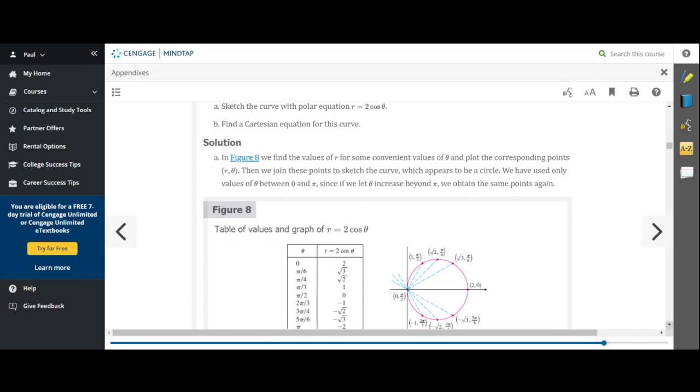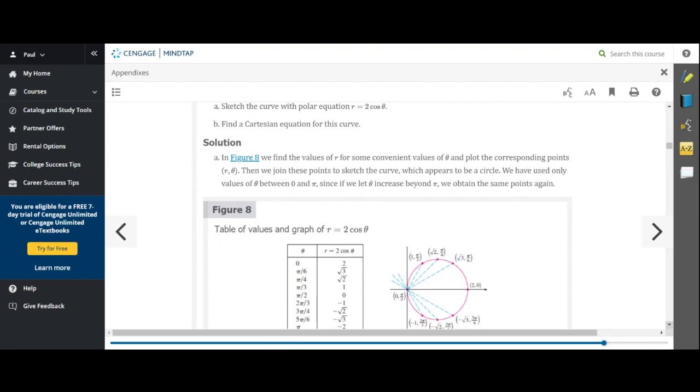You picked some nice values of x, and then you found the corresponding values of y and plotted the coordinates, and that allowed you to graph y equals x squared. You would pick values of x until you had enough so you could get an idea what the function looked like.